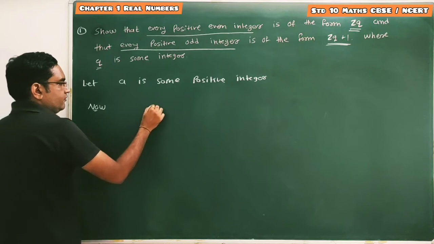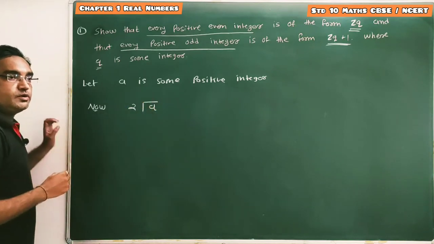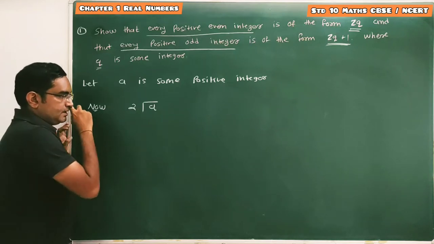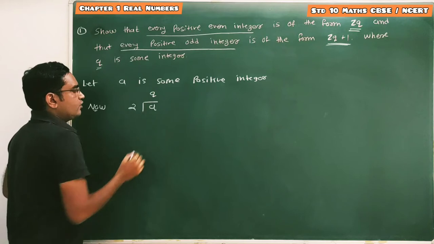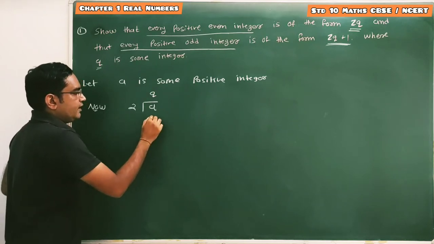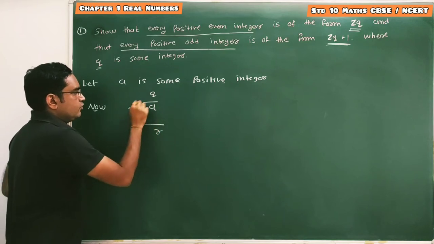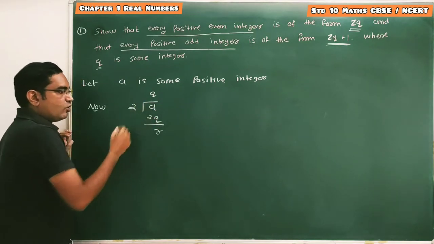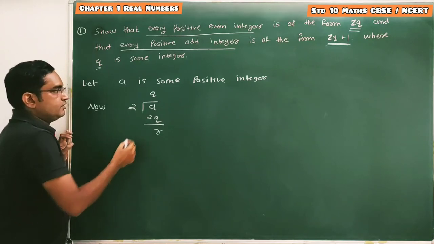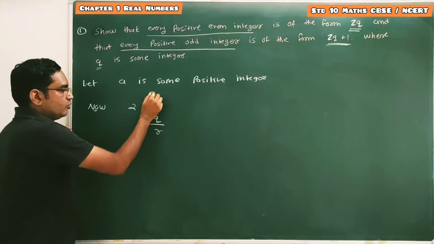If we divide this a by 2 using Euclid's division lemma, after the division of these two numbers we will get quotient q and some remainder r. Here 2q is twice of q. As a process of this long division, we are getting two integers q and r.